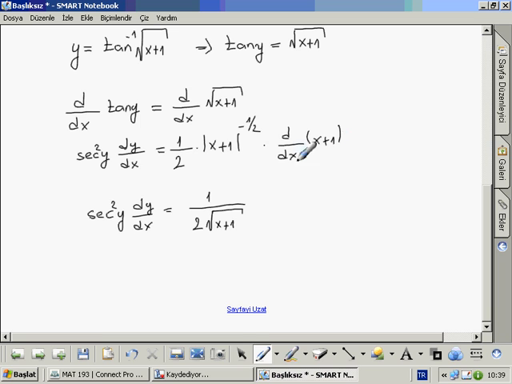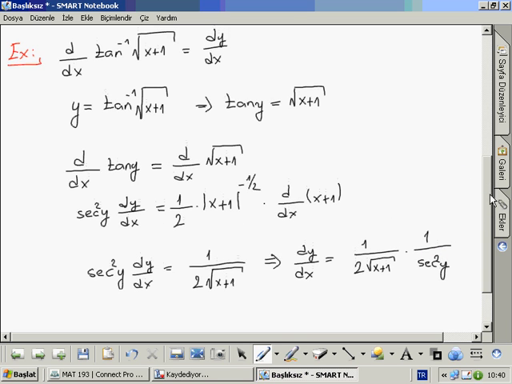After that, del y over del x equals 1 over 2 times the square root of x plus 1, times 1 over secant squared y.